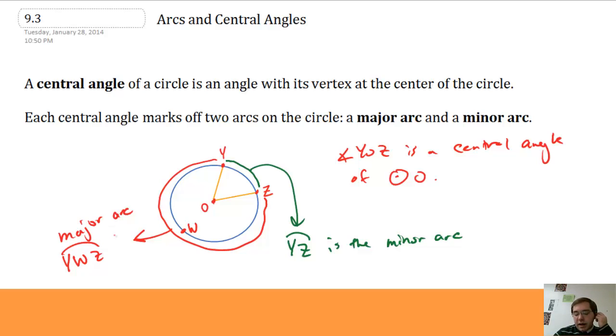Because if I just used Y and Z again, I'd be implying it's the minor arc between Y and Z. If I want to label the major arc, I have to give myself a third point and label it by all 3 points and go around. So every central angle gives us two arcs, the major arc and the minor arc. Together, the major arc and the minor arc make the entire circle.